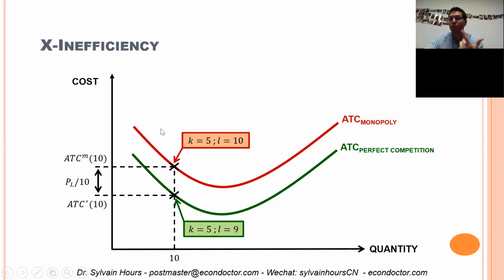So the difference in total cost is we have to pay one more salary, one more wage, and the wage is PL, the price of labor. And because this is the ATC, we have to divide by the quantity, 10 units, and this would be the difference in average total cost between a perfectly competitive firm and a monopolist.